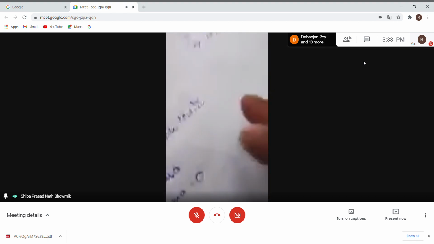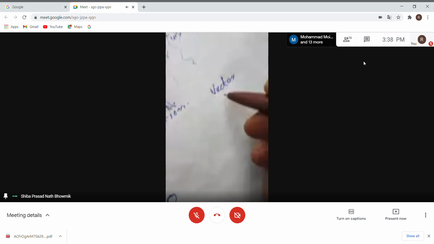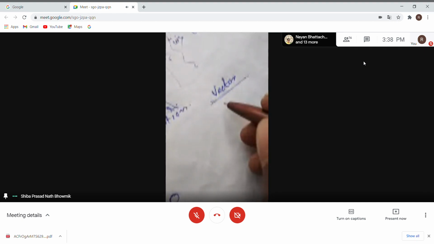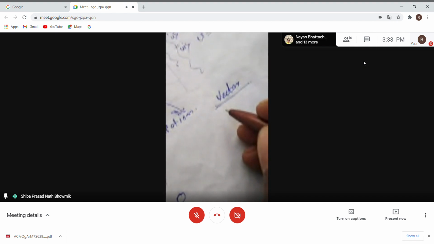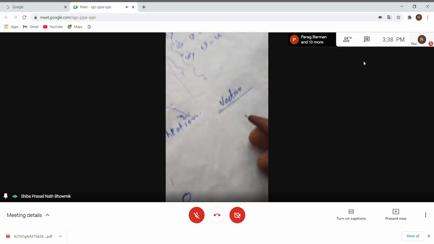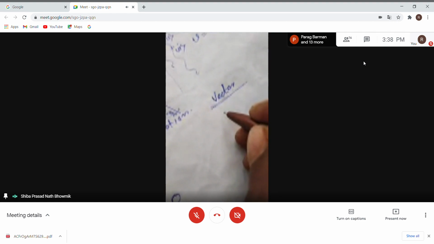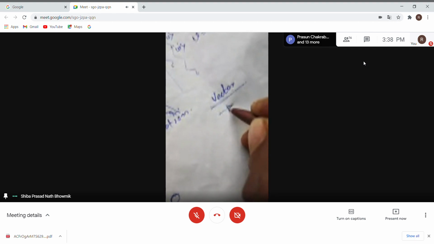Okay, fine. Very good. Now, from the concept of vector, for a quantity, some conditions are there. One of the prime conditions is that the quantity will be considered as a vector if the quantity has a particular direction.